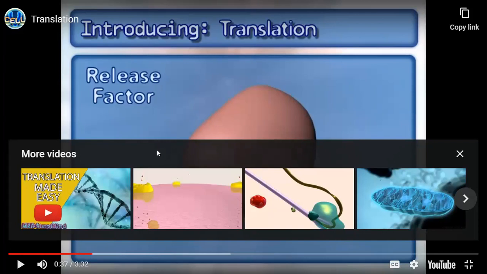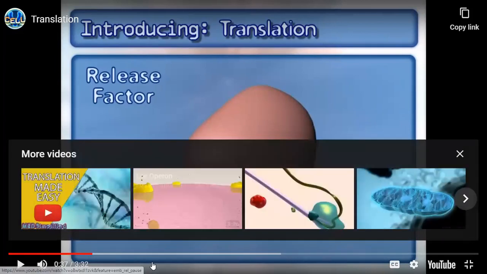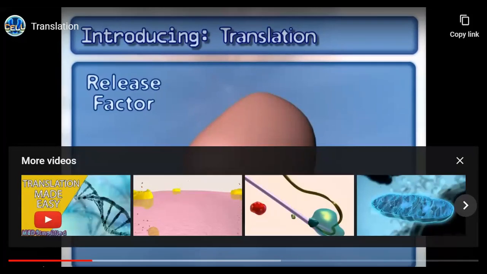Can anyone tell me what are the factors that are needed for translation? The one they mentioned now? Can anyone tell me? No one. Yes. The release factor. tRNA. Yes.